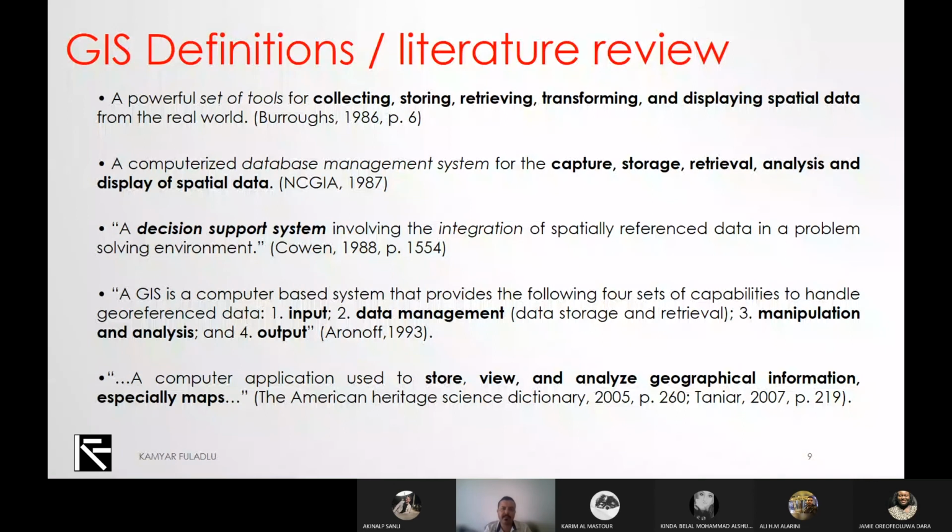Let's explain in this way. First of all, you collect some data. You need to store it. You need to later retrieve it or call it back, and then analyze it, and then make a report from it.